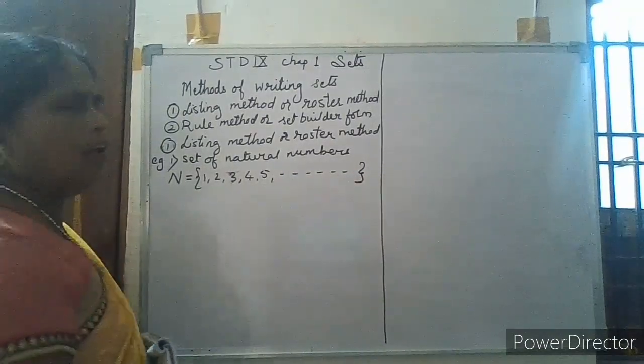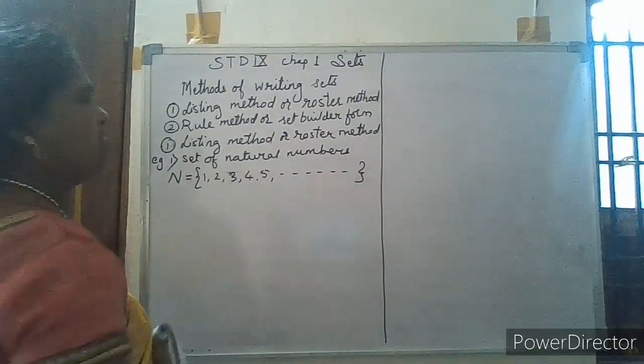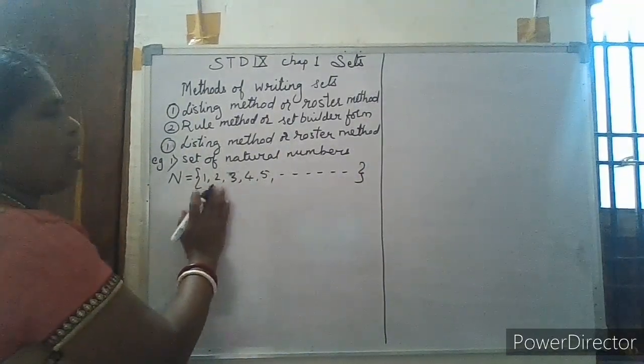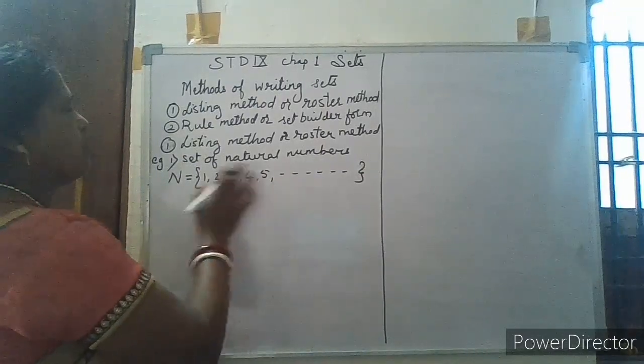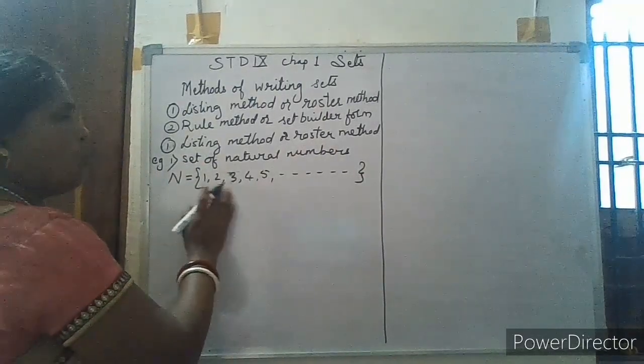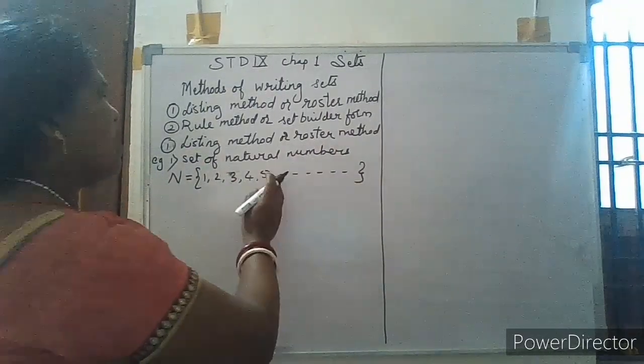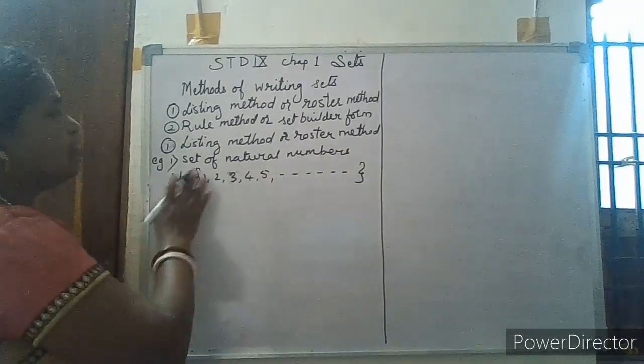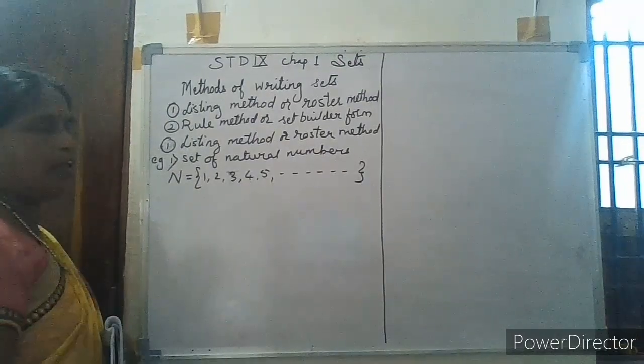They are infinite, so we cannot write all the elements. So these are the elements of the set of natural numbers: 1, 2, 3, 4, 5, 6, 7, 8 and show it with dots. This indicates that natural numbers are infinite.